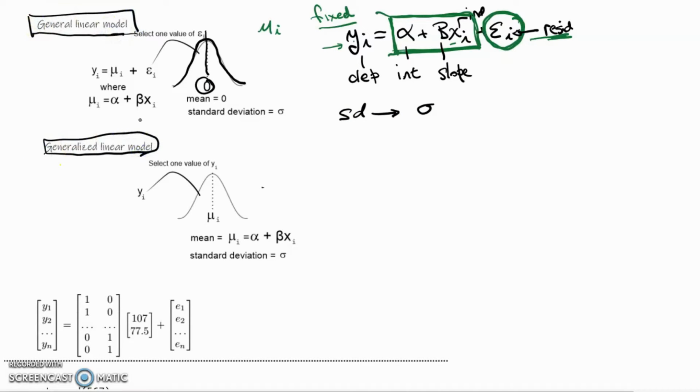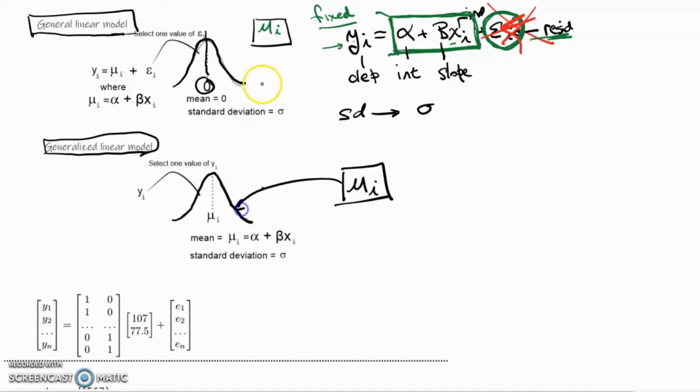The generalized linear model, once again, we're going to begin with mu i, but then we're not going to just tack on the residual. Rather, what we're going to assume is that we have a normal distribution which has mu i, this fixed thing, as its mean.